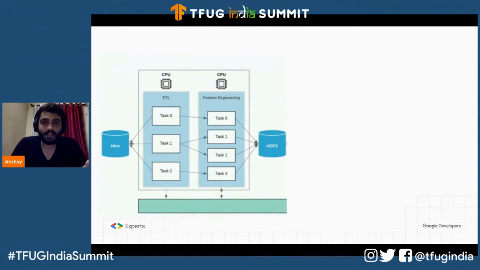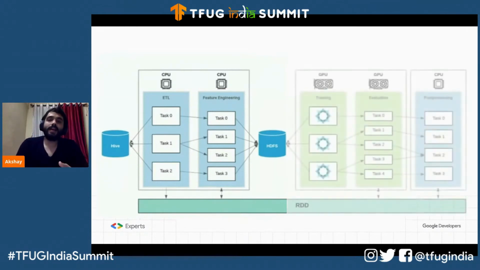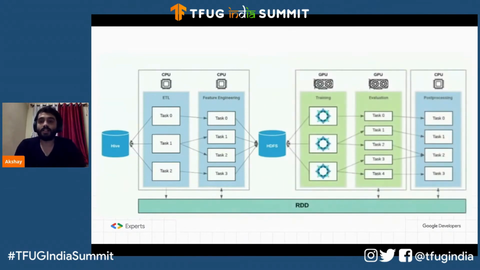Then we store the information on HDFS, and these are just features written to the Hadoop file system. Based on that, the training is done on GPU itself. So we are combining the power of CPU plus GPU to make an end-to-end machine learning or deep learning pipeline. This concept is very important.